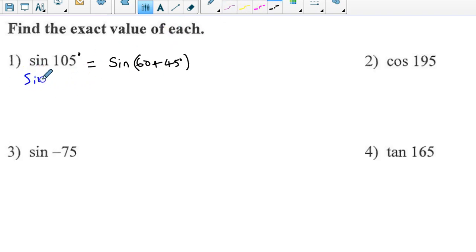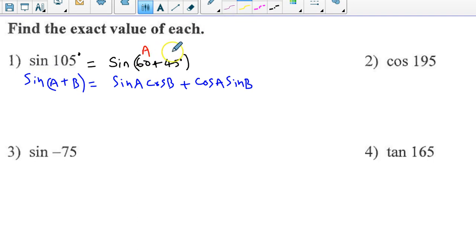Sine A plus B is equal to sine A cosine B plus cosine A sine B. Okay, so we have here, this is 60 degrees.